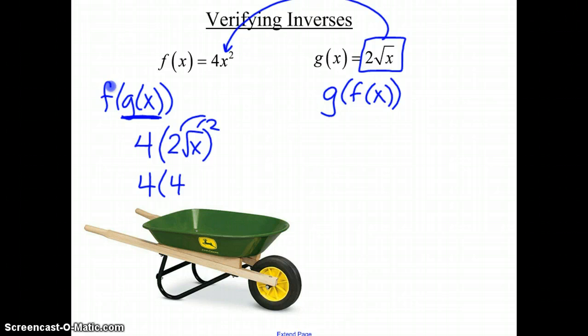Square root of x squared is x. And 4 times 4x gives us 16x, which is not just plain x. Which tells me already that these are not inverses.